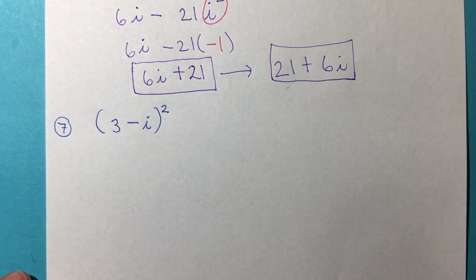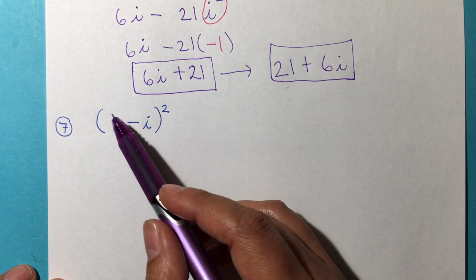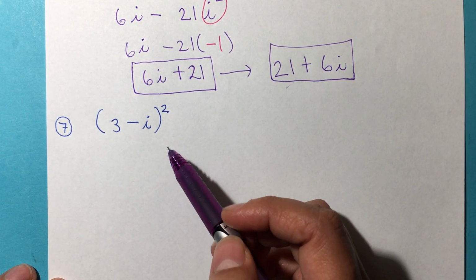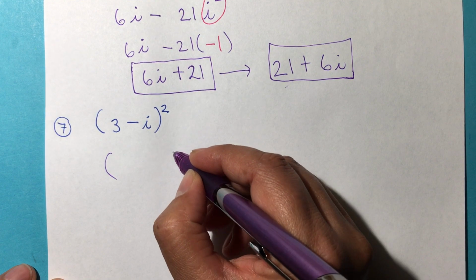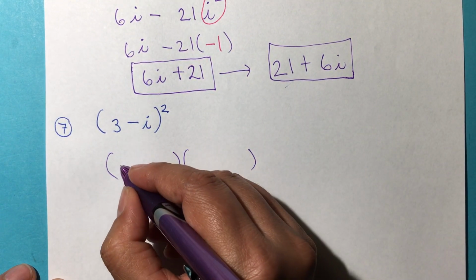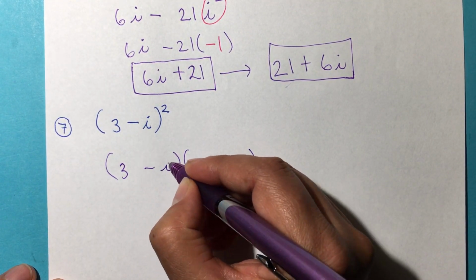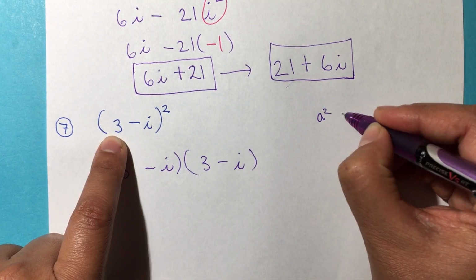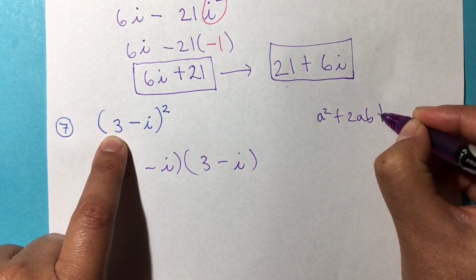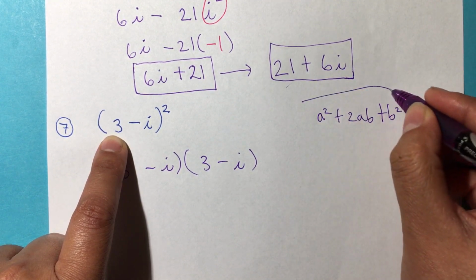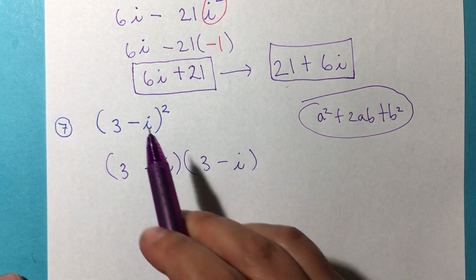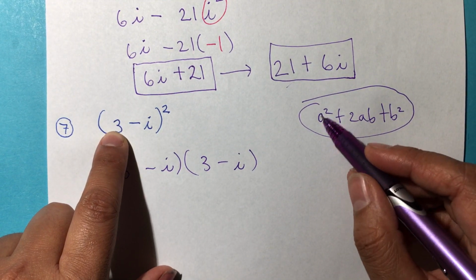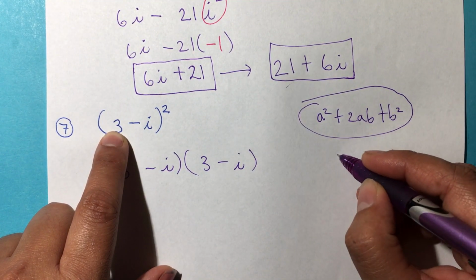For the next one, some people will say, oh, it's just 3 squared and negative i squared. But no, we have to actually write it down and start spreading, or you can just remember the rule of a squared plus 2ab plus b squared. That's also the formula or rule for perfect squares, okay? And what this means is that you square the first one, so 3 times 3 will be 9.